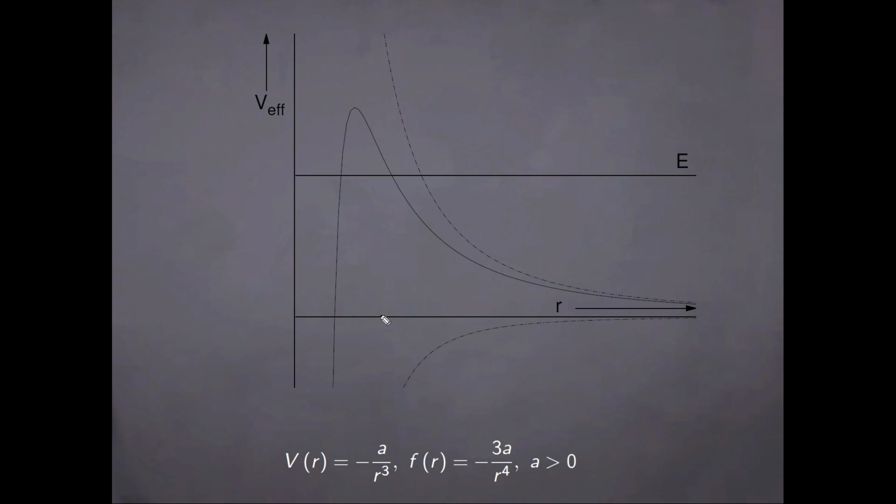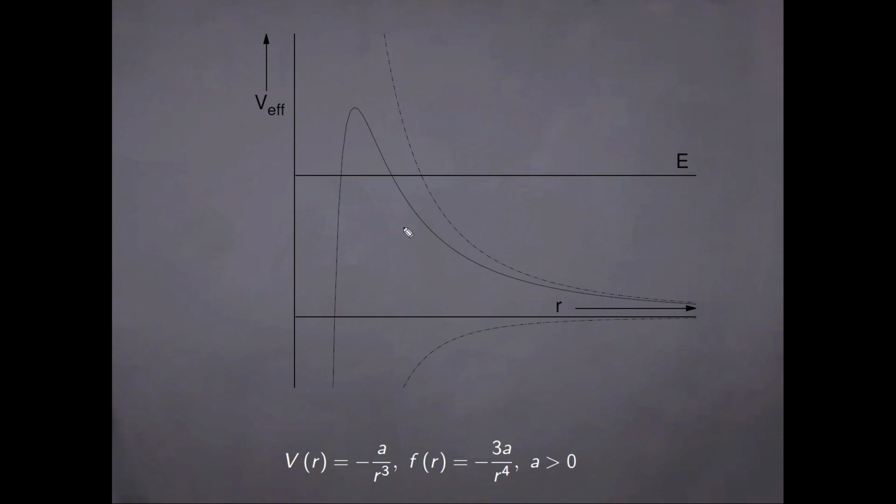And once again, if we sketch the corresponding potential, the inverse cubic potential is drawn by this dashed line, while the centrifugal potential follows from the line here, and their sum is the fictitious potential drawn by the continuous line.